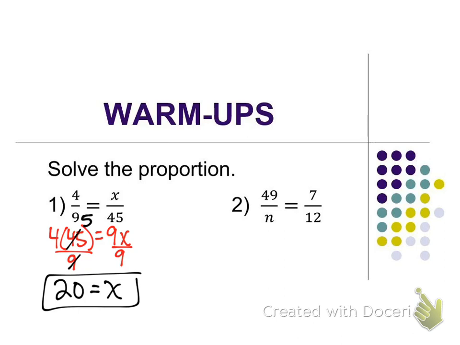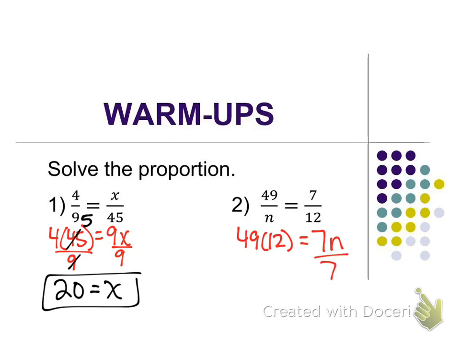So what did we get on number 2? Sam? 84. I think that's probably good. So we would take 49 times the 12 equals 7n.